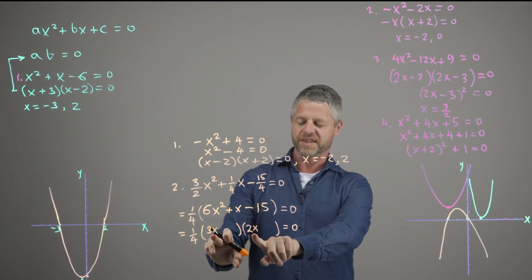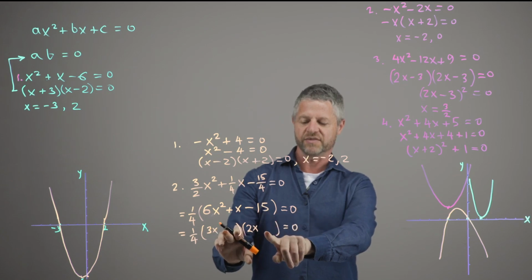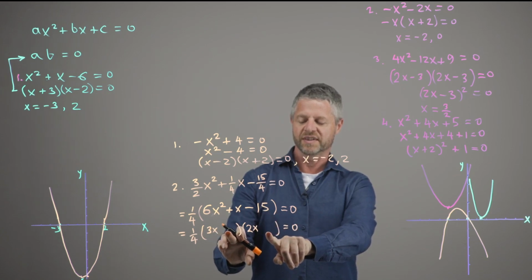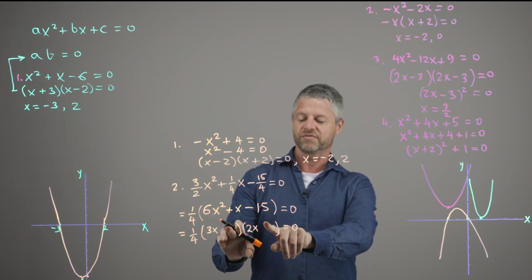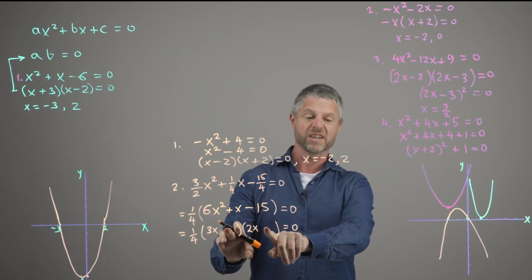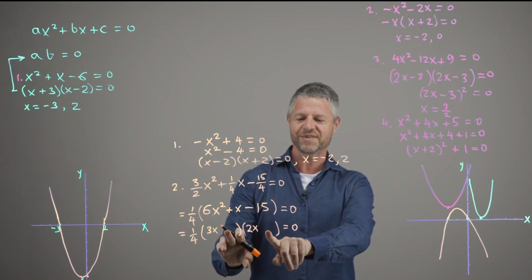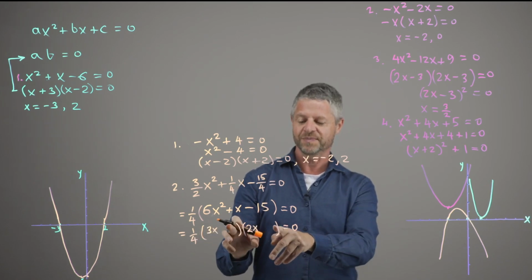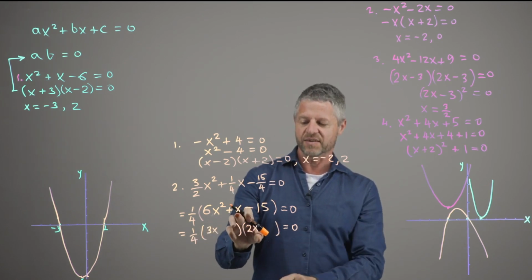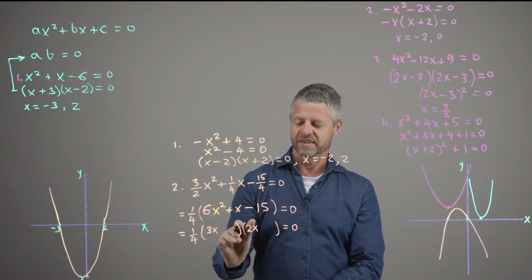So that would give me my 6x squared. And then I'm going to need a -15 from my constants. So 2 factors of 15 could be 3 and 2. Sorry, 3 and 5, not 3 and 2. 3 times 5 is 15. And one will have to be positive and one will have to be negative.